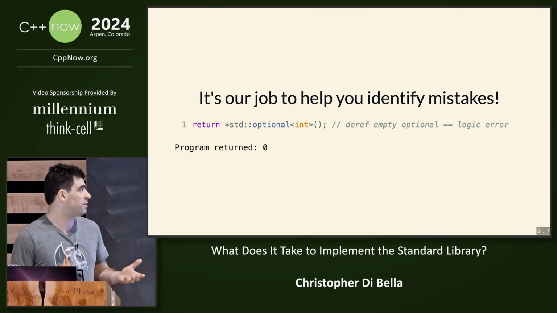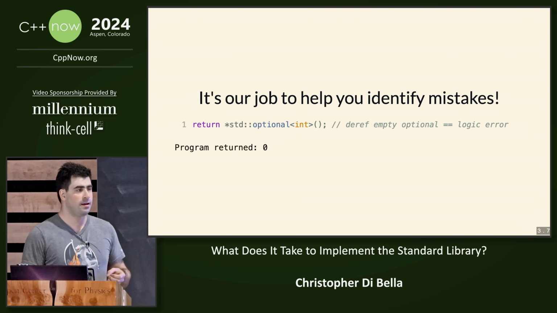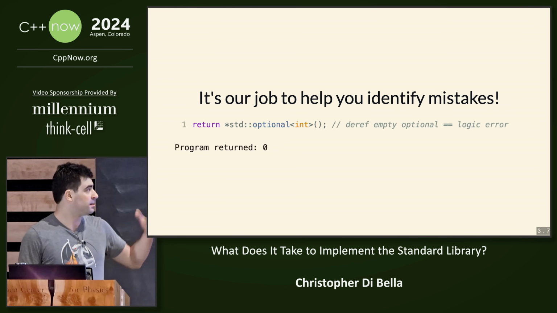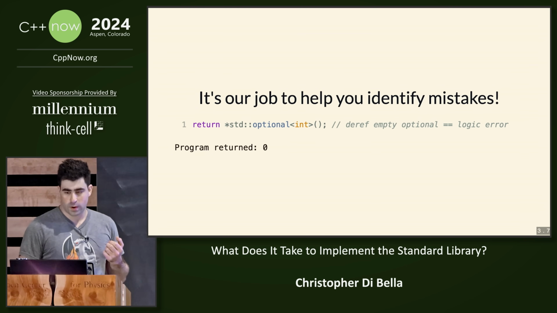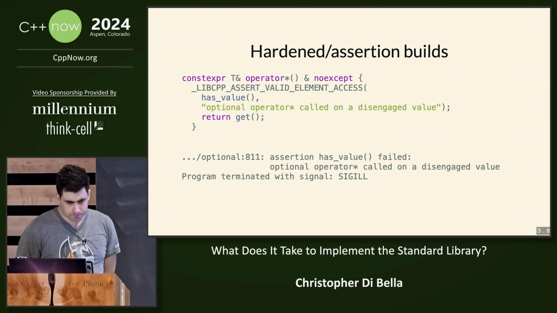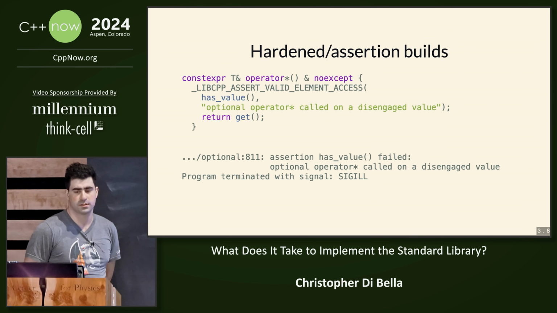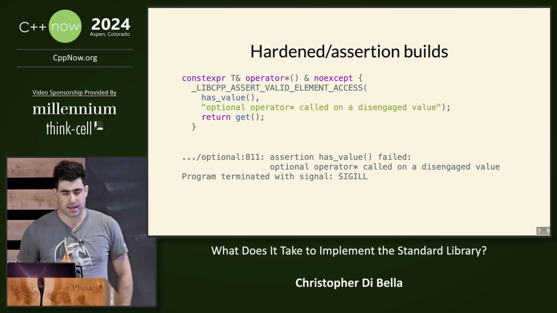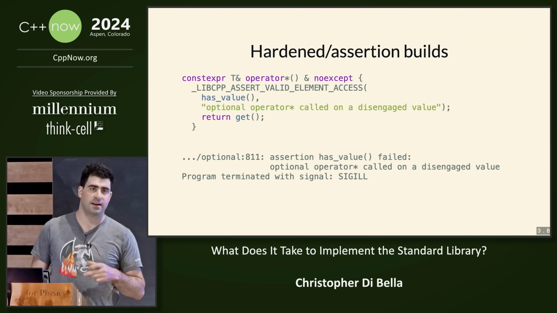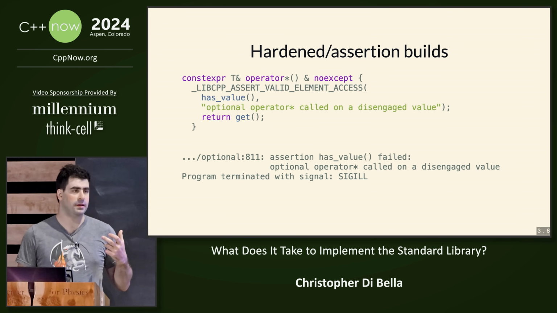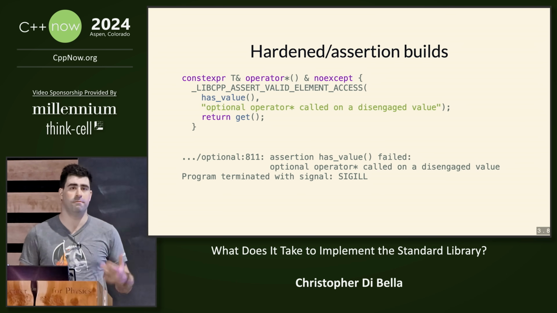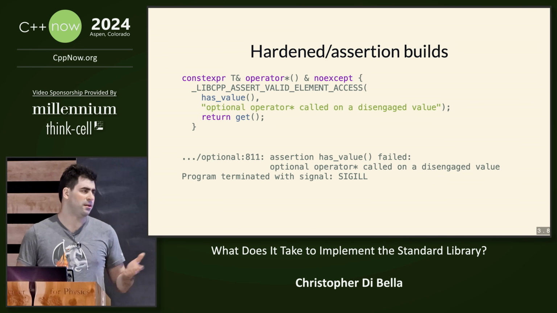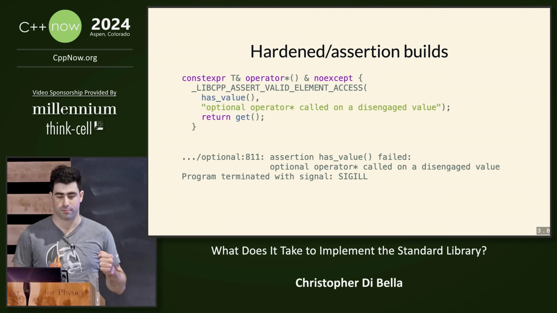So what happens when address sanitizer doesn't actually have the ability to diagnose something, such as with accessing an empty std optional? Well, that's where we have hardened or assertion builds. Those are essentially a way of putting in an assert that provides some sort of helpful error message and crashes the program, similar to how address sanitizer works, but for when you violate preconditions, because involving address sanitizer for a precondition violation may not be the most appropriate thing.